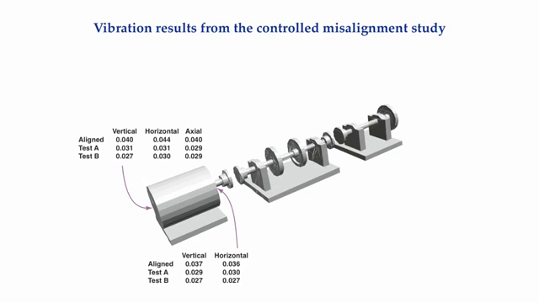Then for test B, when the center shaft was misaligned 62 mils laterally, the vibration dropped again to 0.027. In the horizontal direction, from well aligned to test B, the vibration levels went from 0.044 to 0.031 to 0.030.